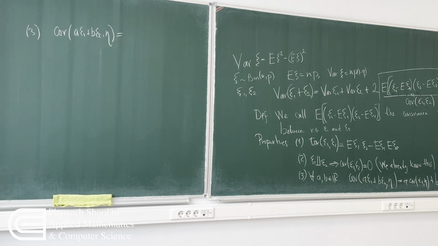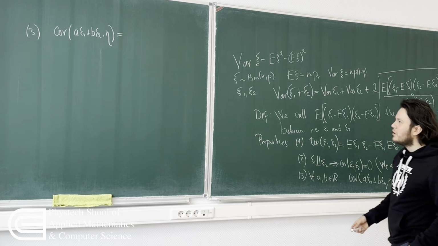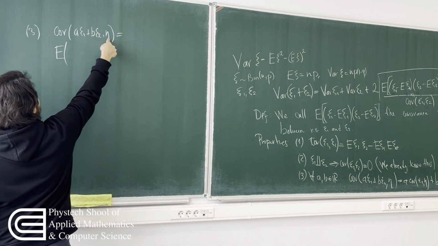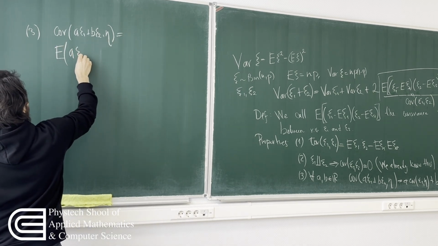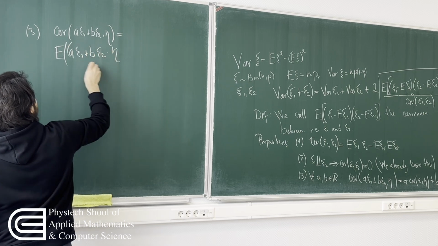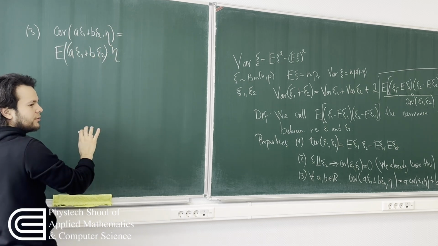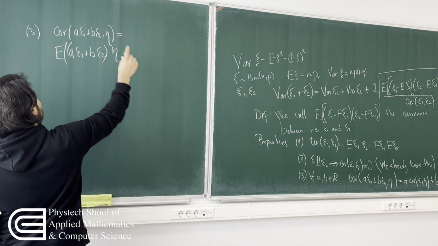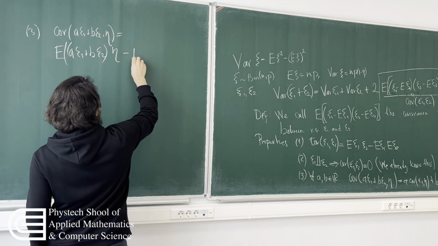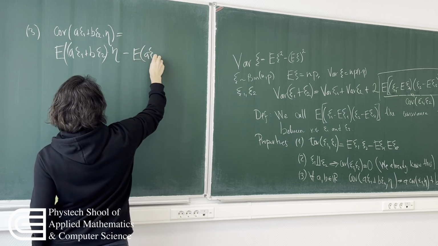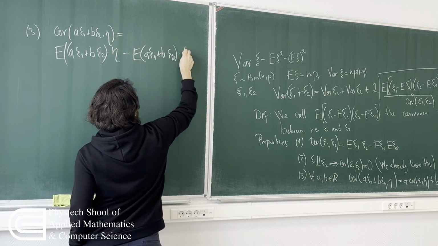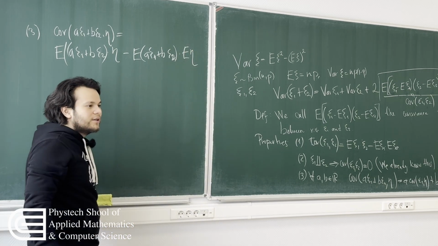And let's compute it. So this is equal to the expected value of this multiplied by this. So xi1 plus b xi2 multiplied by eta: the expected value of the product minus the expected value of xi1 plus b xi2 multiplied by the expected value of eta.